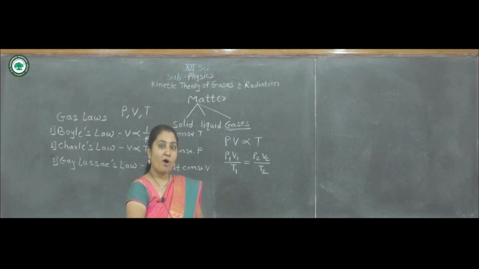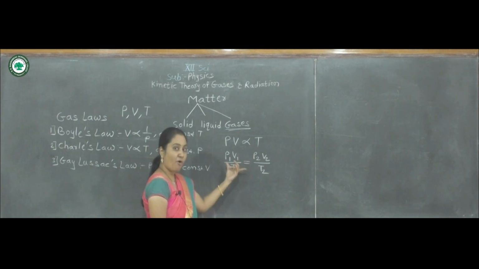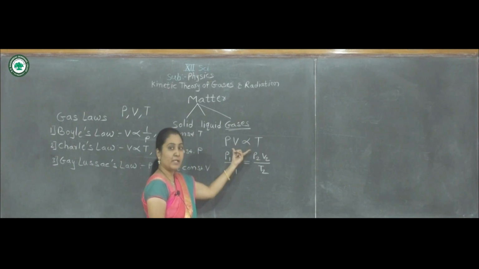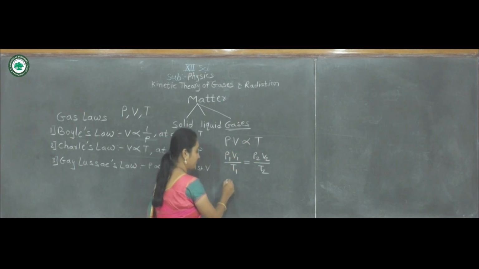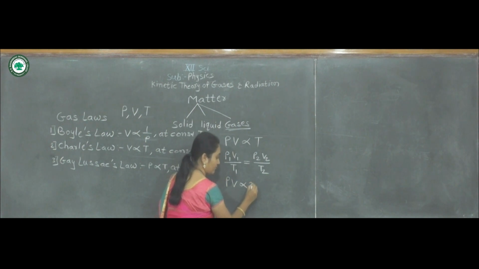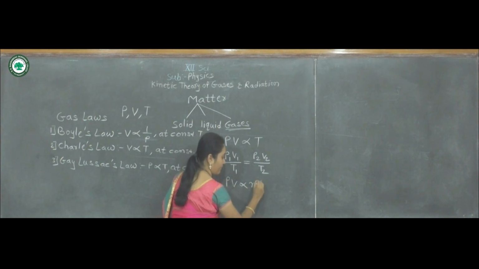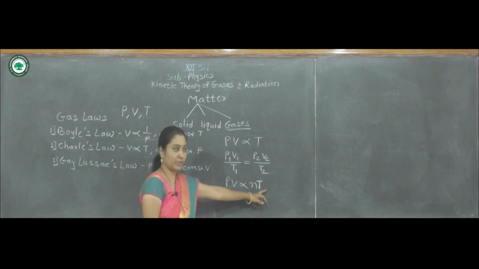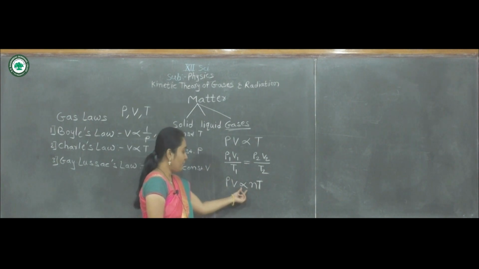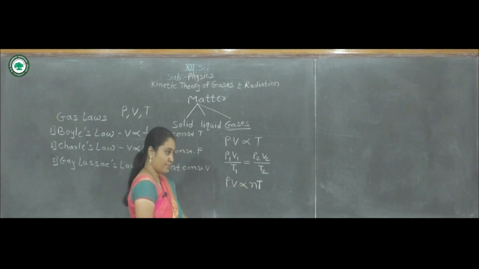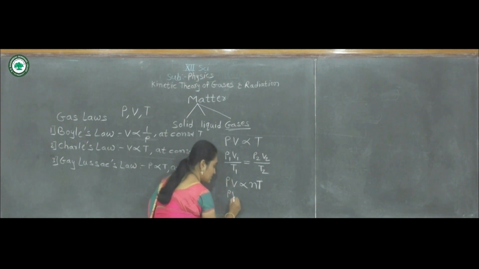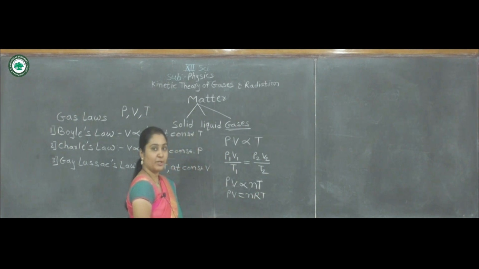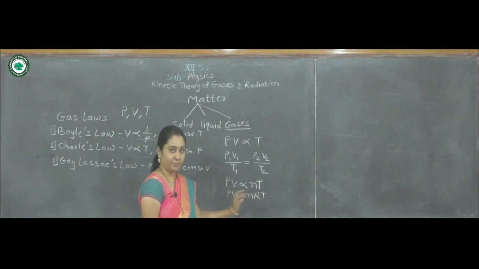If small n is the number of moles, then this equation can also be written as PV proportional to n into T. If we remove this proportionality symbol, then the equation becomes PV is equal to nRT.